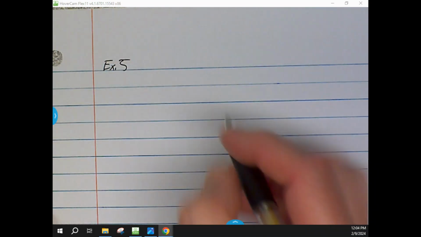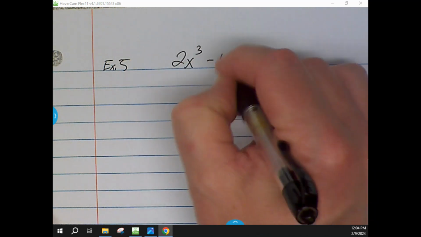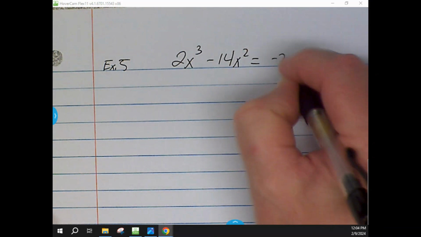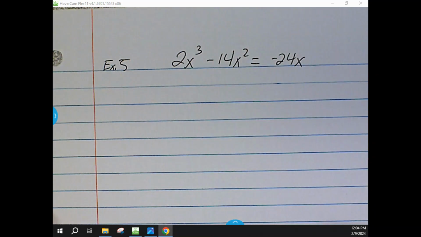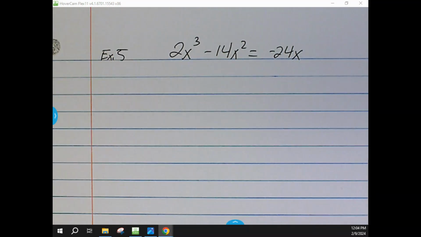Okay, and again, last one of the day. So we'll go 2x to the third minus 14x squared equals -24x.